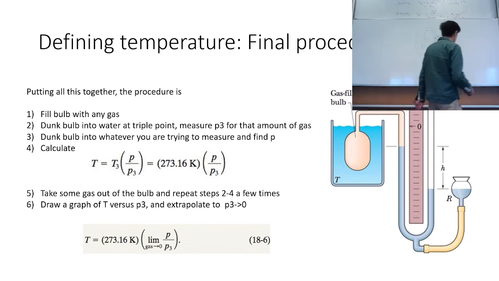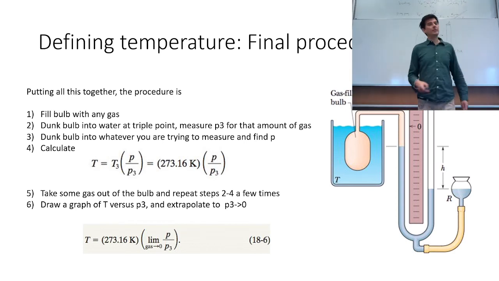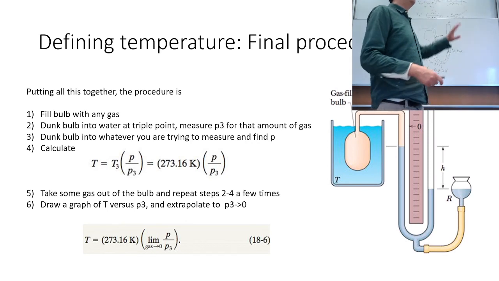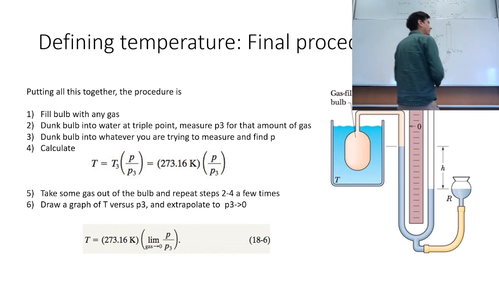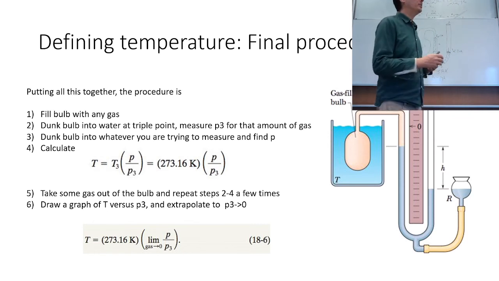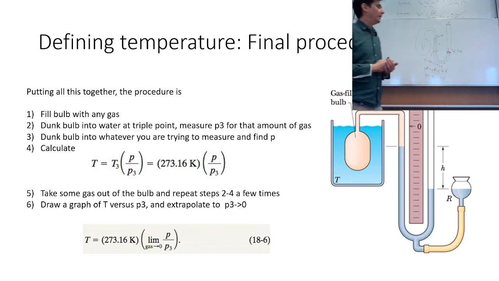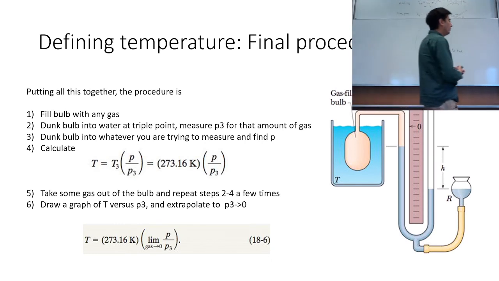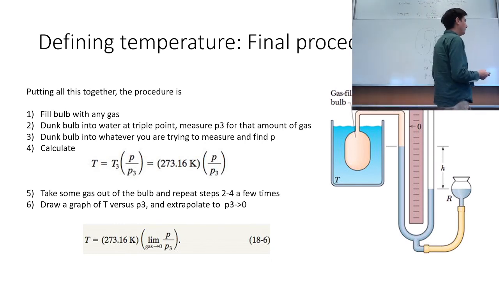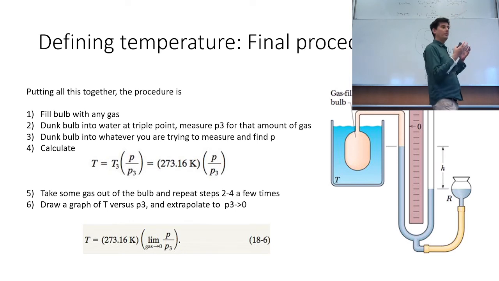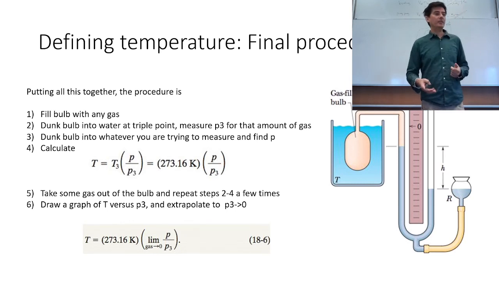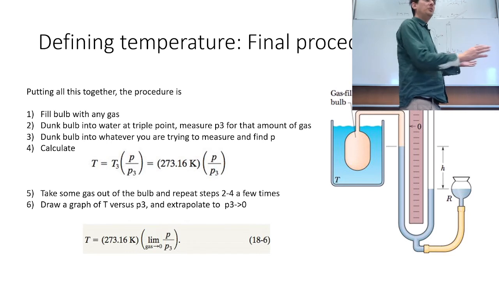Well, I don't know exactly why they do this in the textbook at this point, but I think this teaches you a couple of things and gives you a flavor of what people actually do in research. When you're doing research and your aim is to make a thermometer, you tend to run into certain issues.